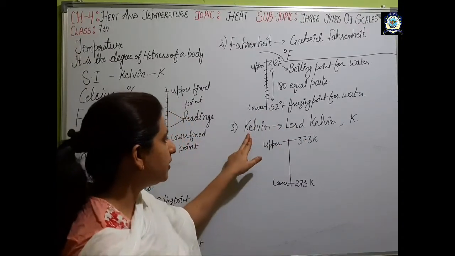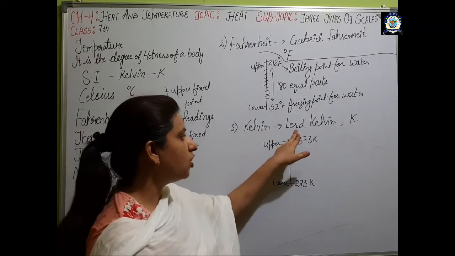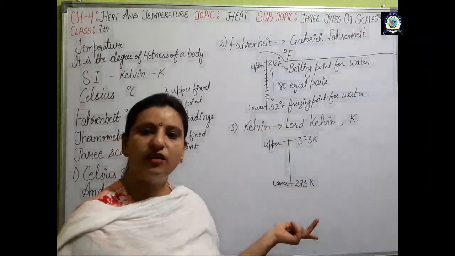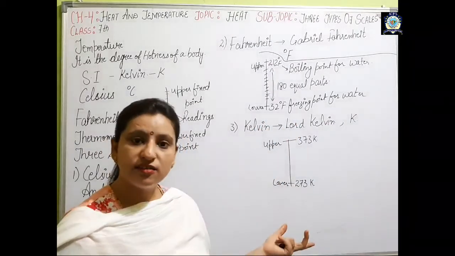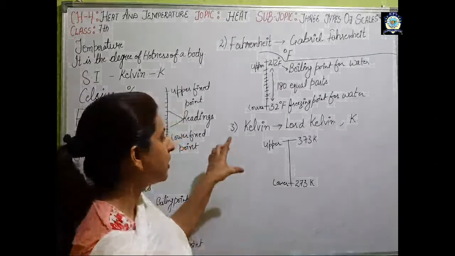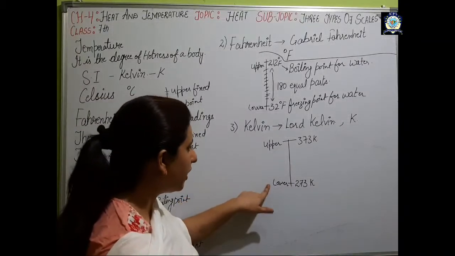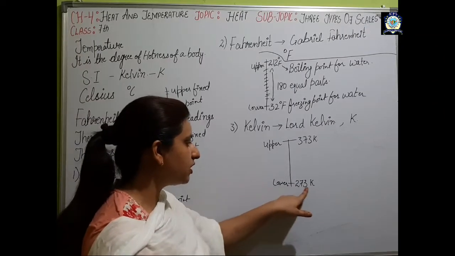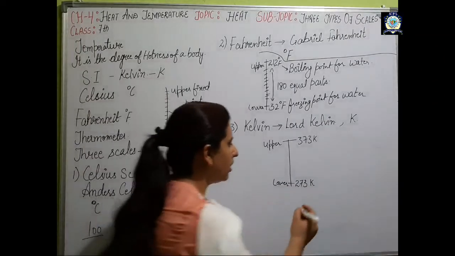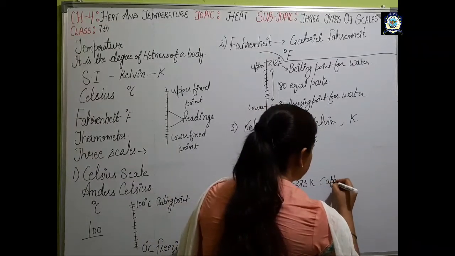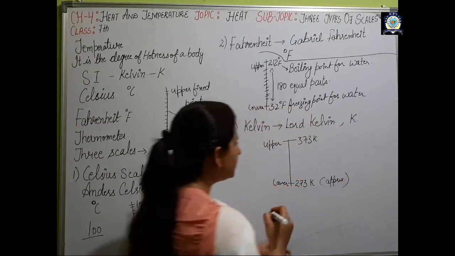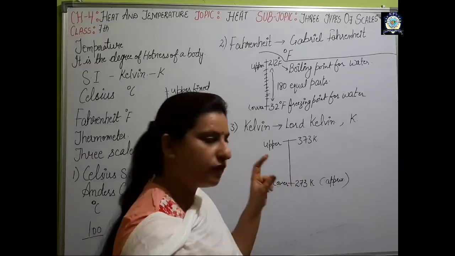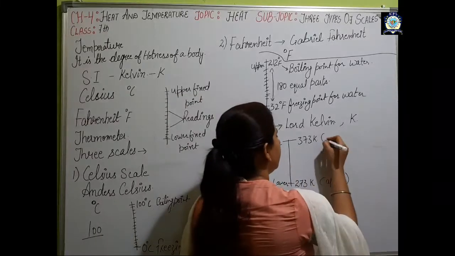In case of the Kelvin scale, it was given by Lord Kelvin, and this scale is mainly used by different scientists, and it also has two fixed points, lower and upper. The lower fixed point has the value of approximately 273, and the upper fixed point has the value of approximately 373 Kelvin.